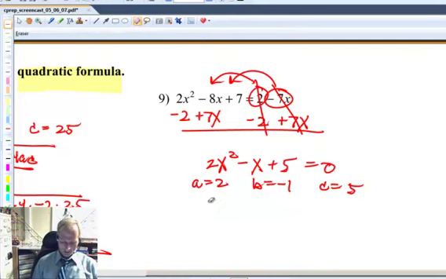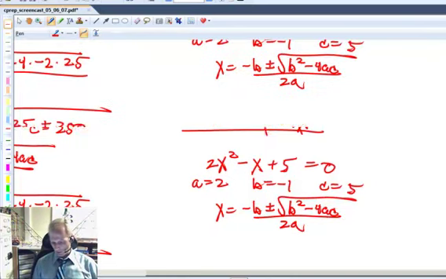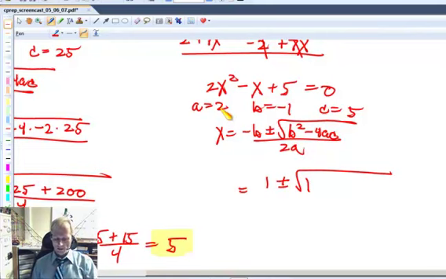And the formula is x equals negative b plus or minus the square root of b squared minus 4ac all over 2a. So in this case, I'm going to get 1 plus or minus the square root of b squared, which gives me 1, minus 4ac. So that's going to be 4 times 2 is 8, times 5 is 40.